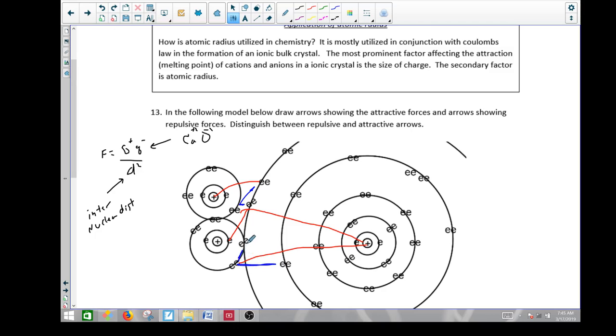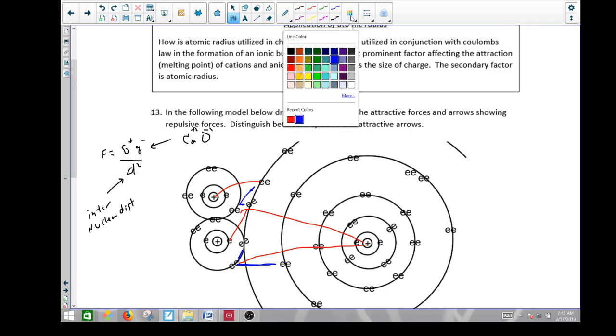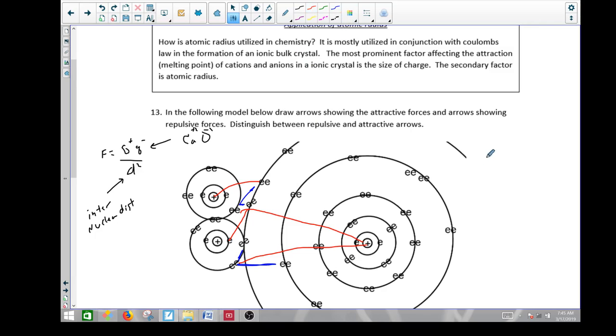So in this case, for the atoms to successfully bond, my attractive forces must be greater than my repulsive, or the things literally would just push away from each other.